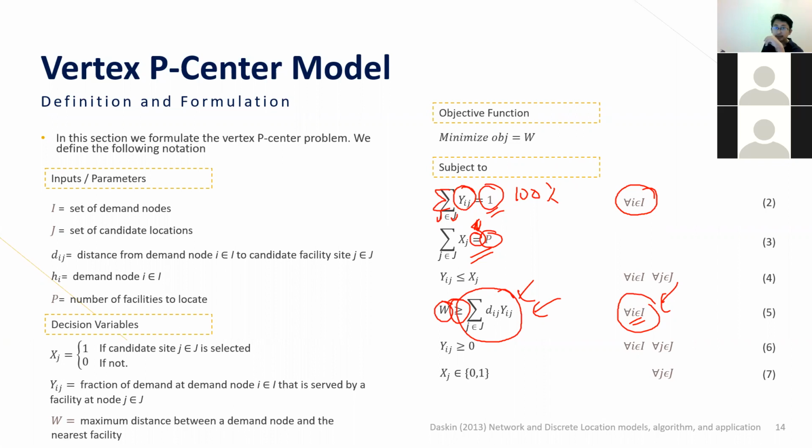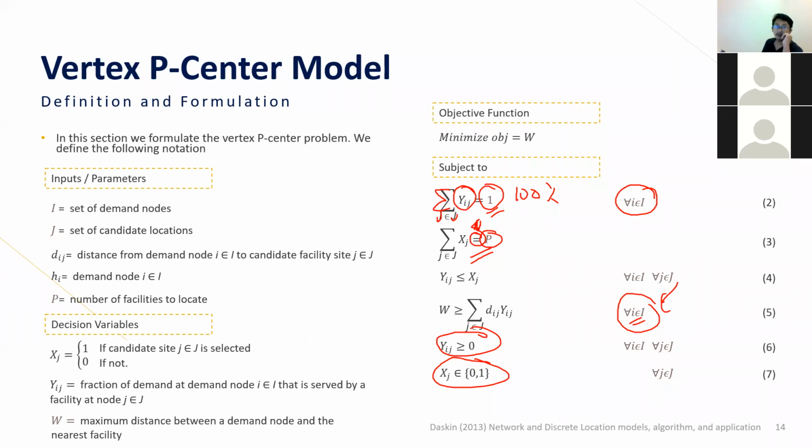And then the rest is just the non-negativity constraint and also the integrality constraint. yij is greater than or equal to 0 and xj is 0 or 1, only binary.